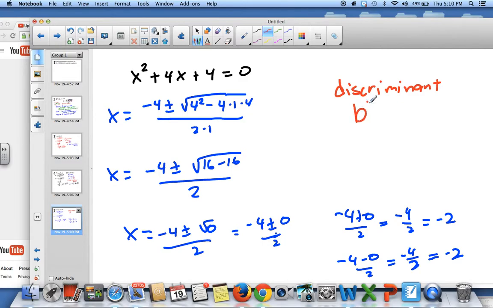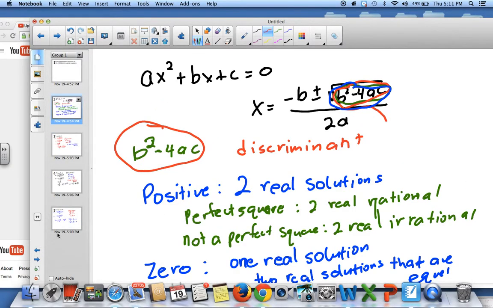Discriminant is b squared minus 4ac, which is 4 squared minus 4 times 1 times 4, which is 16 minus 16, which equals 0. I'll go back and look at our rules for that. It's 0, so I get one real solution or two real solutions that are equal, however we want to word it.